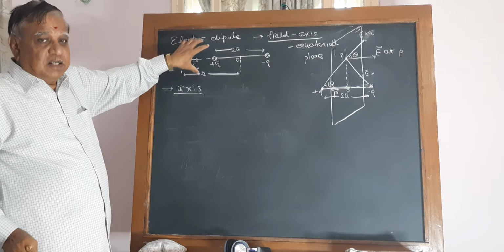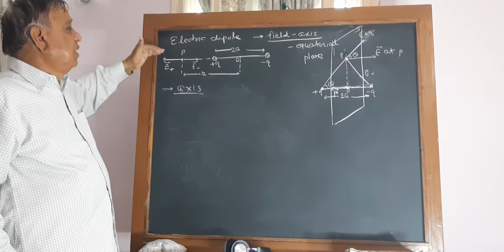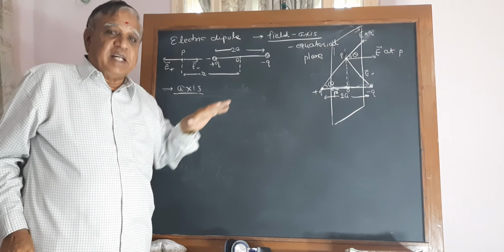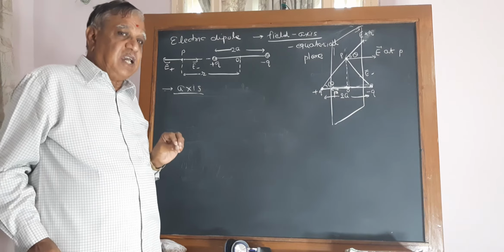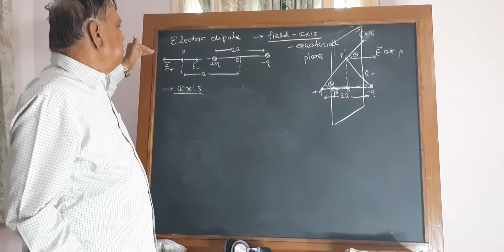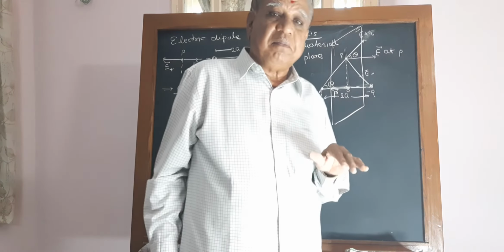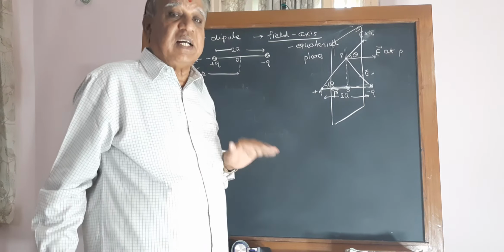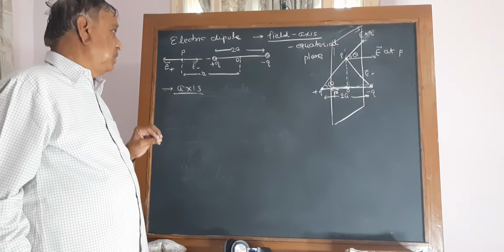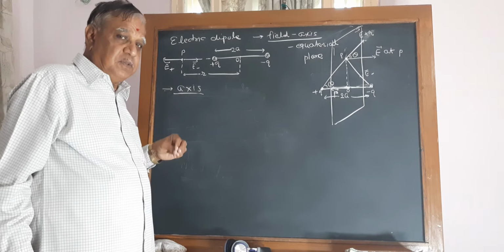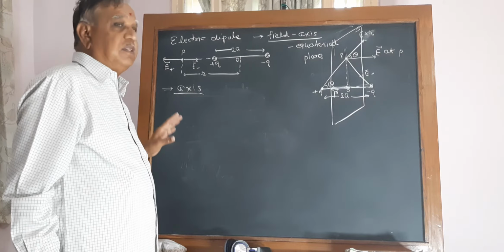Suppose we have taken the dipole such that the axis coincides along z. What is the axis? The line passing through both the charges is called the axis of the dipole. We have to determine the value of the field at any point P on the axis.